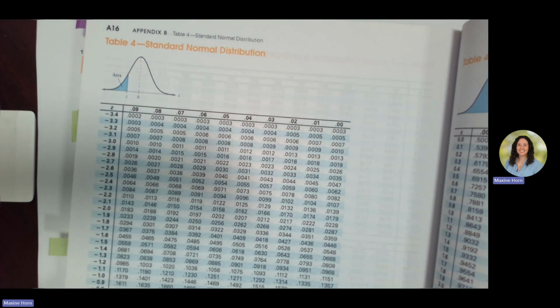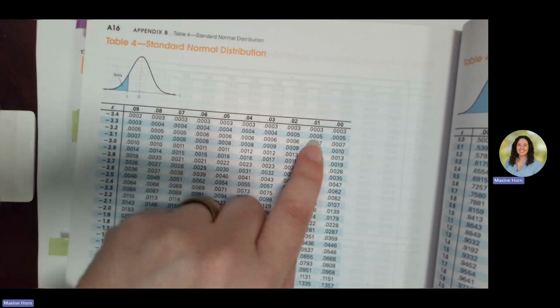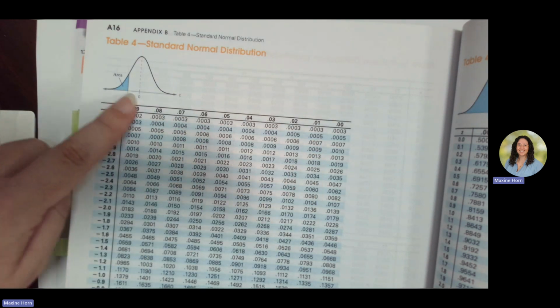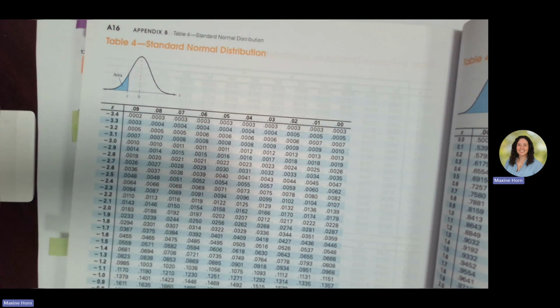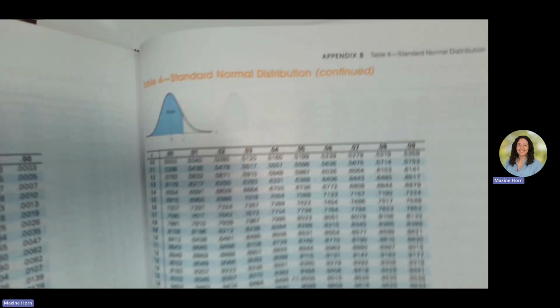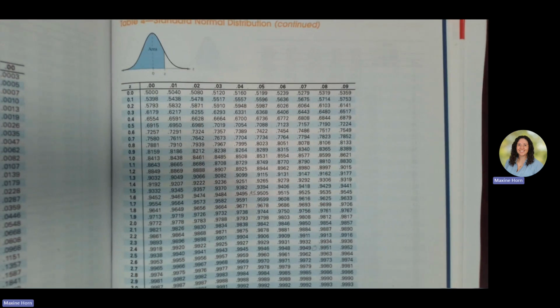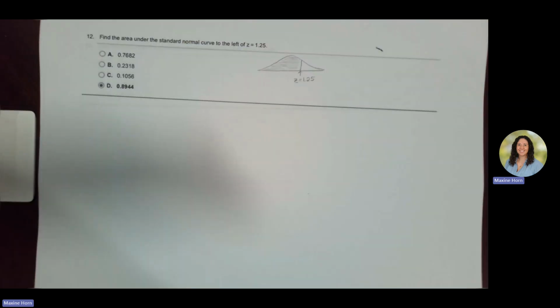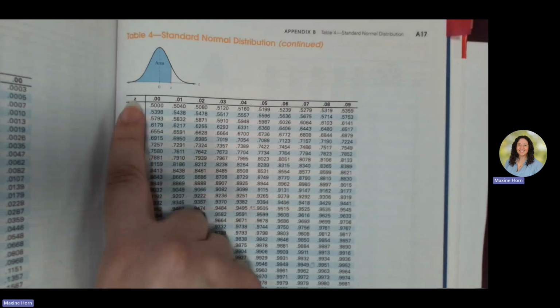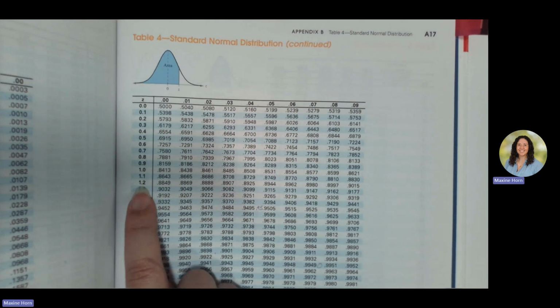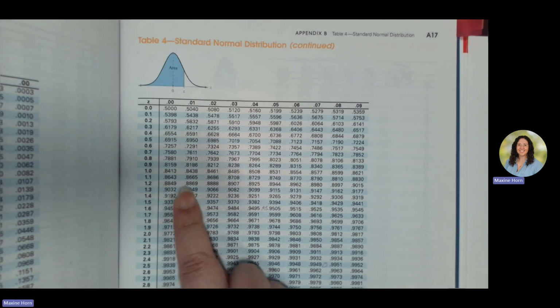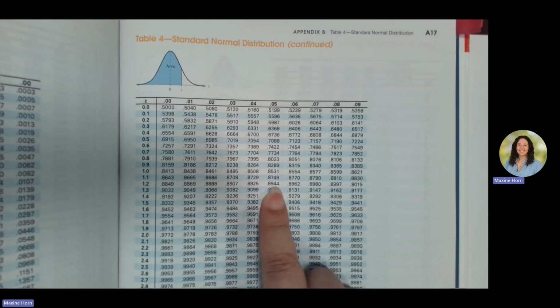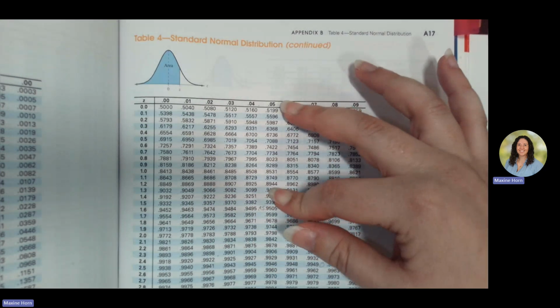Now you'll notice on the first page, these z-scores are all negative because these are the z-scores to the left. So we have to go to the other page that gives us positive z-scores. We're looking at a z-score of 1.25. So we say z-score of 1.2, and then we go to the right until we get to 0.05.